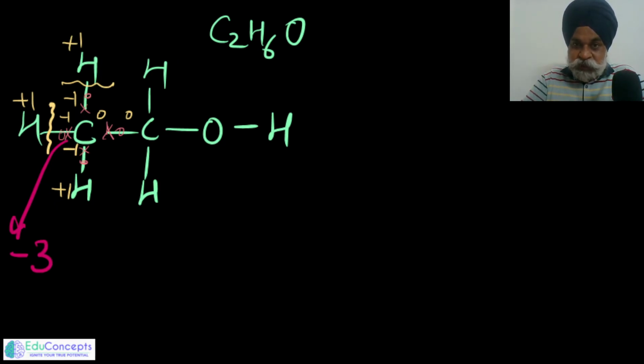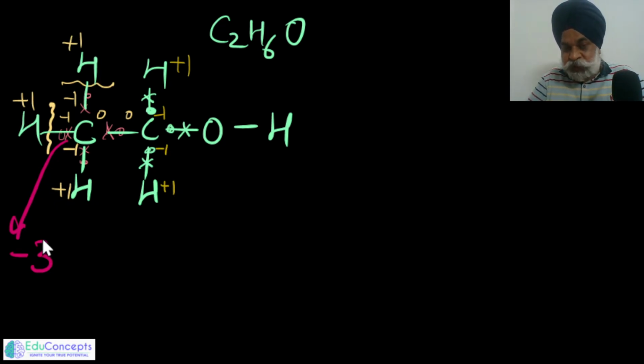And now let's see the next one. Here we are writing the oxidation state of this carbon, with its bonds to hydrogen. If I write the oxidation state once again, this is plus 1, this is minus 1, and minus 1 and plus 1 because hydrogen is less electronegative. But here it is 0, 0, because the bond would get broken homolytically.